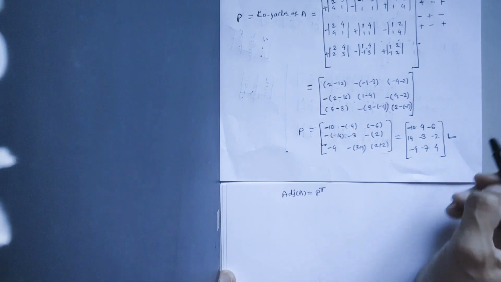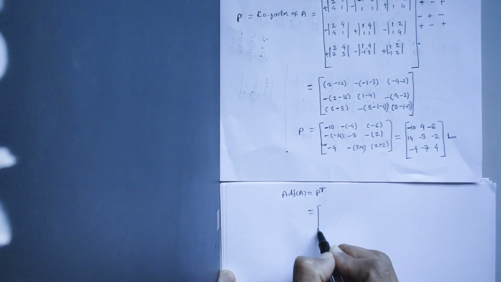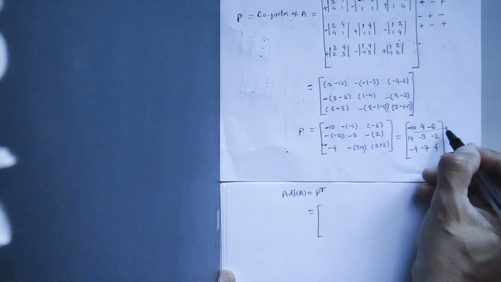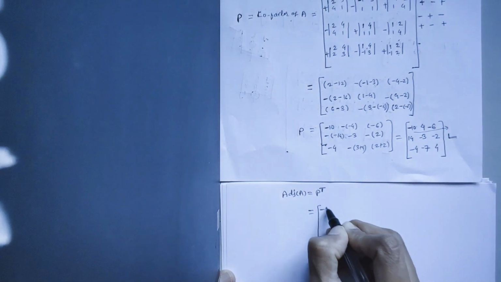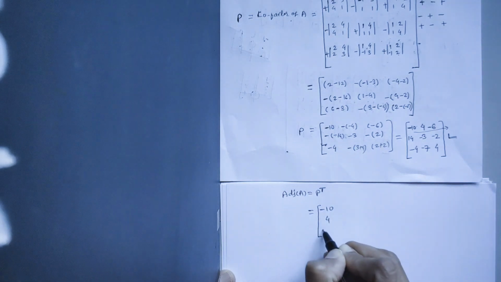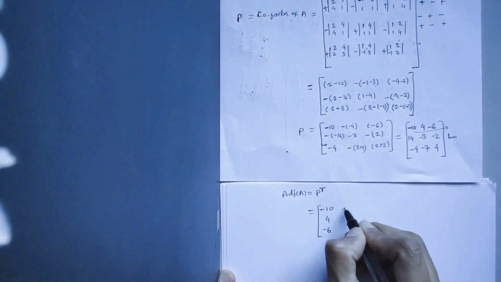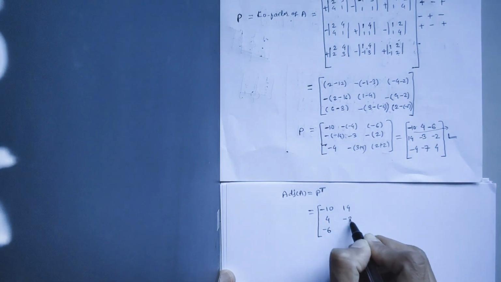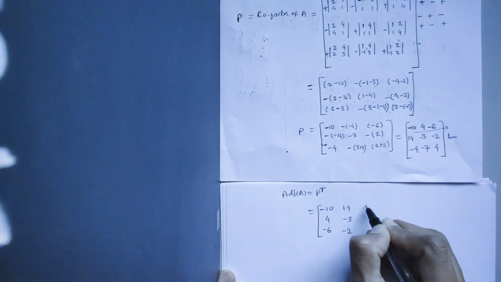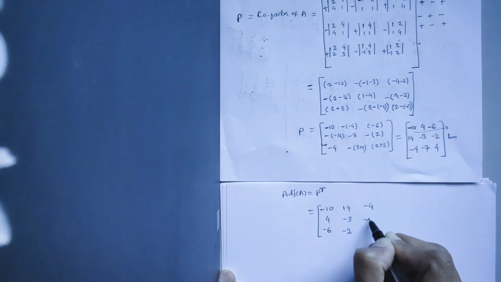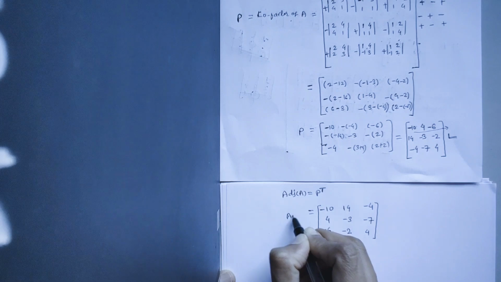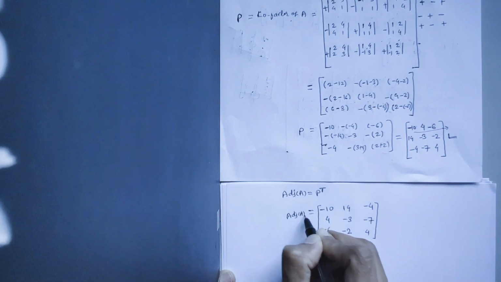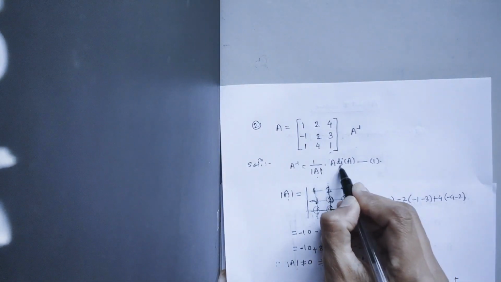So interchange row with column, what will I get, okay. This is my first row here, so here it will become a column because I am taking the transpose. So minus 10, 4, minus 6, okay, 14, minus 3, minus 2, minus 4, minus 7, 4. This is my adjoint of A, okay. All right, now in equation 1 I need to substitute this value.